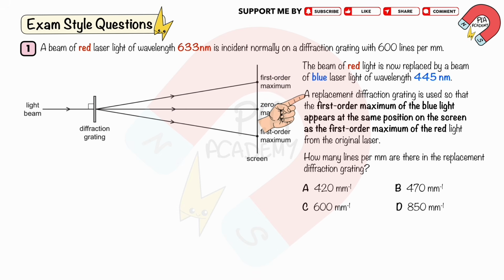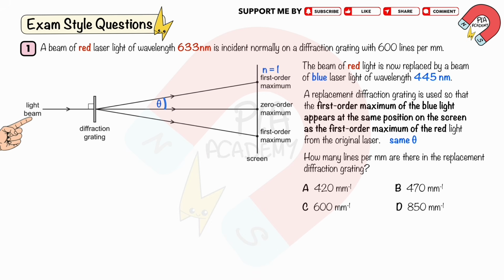A replacement diffraction grating is used so that the first-order maximum of the blue light appears at the same position on the screen as the first-order maximum of the red light from the original laser. This means that the angle theta is the same for both, and the first order corresponds to n equals 1. How many lines per millimeter are there in the replacement diffraction grating?